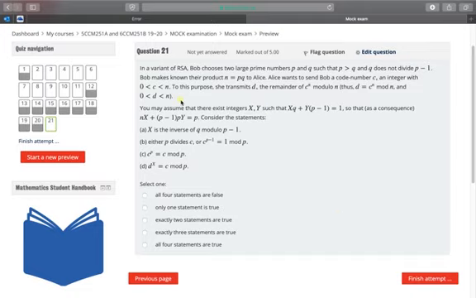So we have to decide on the truth of these statements. If you're familiar with the theory here, you should find this relatively easy, but the question is designed to help you. So we have prime numbers. P and Q are prime numbers. There are certain conditions here, but it's not so relevant.